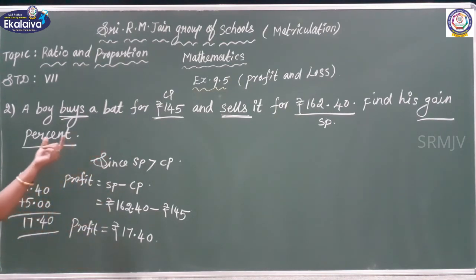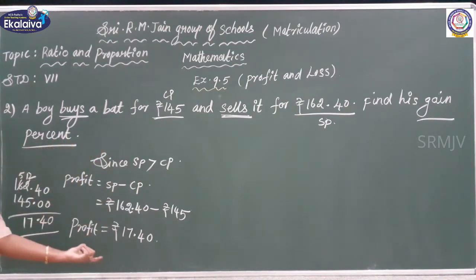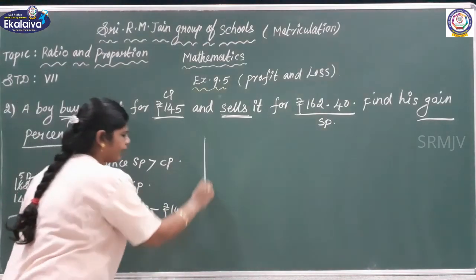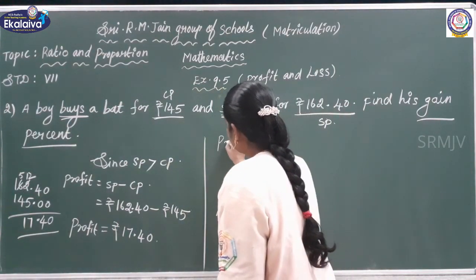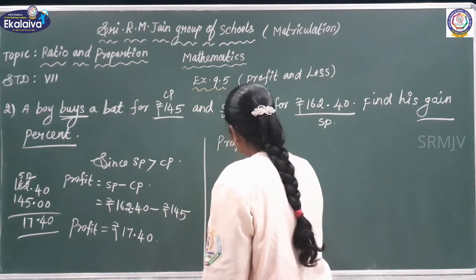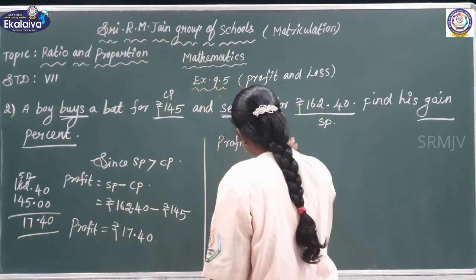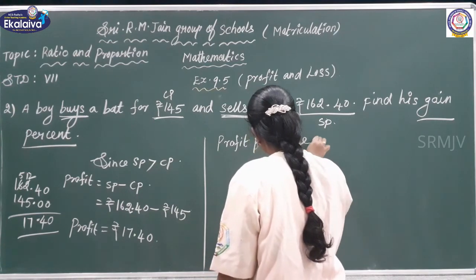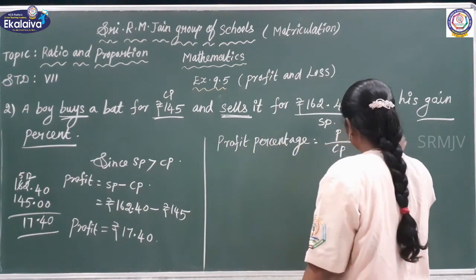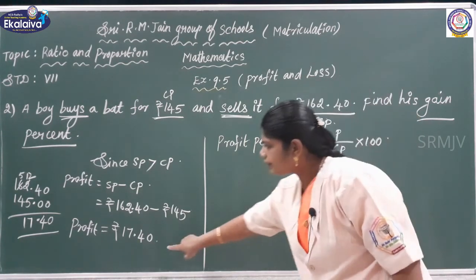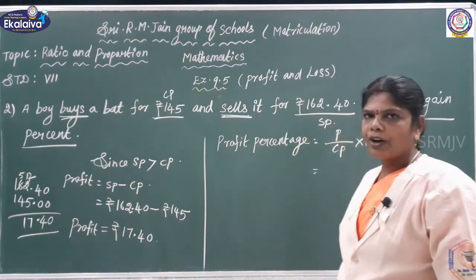Next, we need to find out the gain percent. Gain percent and profit percentage we need to find out. Okay. So, profit percentage equal to profit by cost price into 100. Okay. Here profit is 17 rupees 40 paise.